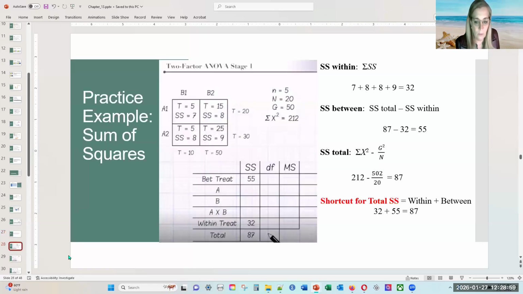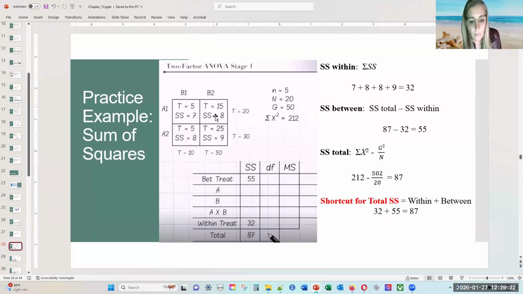But I did take some screen grabs from what you're going to find in MindTap to show you where all of these numbers are coming from for this factorial ANOVA. So you can see a little bit about it here in this lecture. So for sum of squares within, you're adding up the sum of squares.